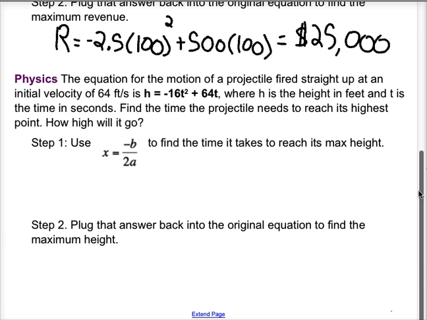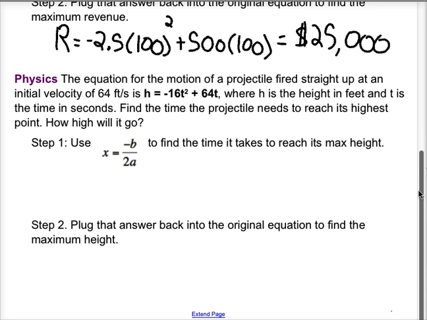So again, we're talking about a maximum height, and this is going to come in two pieces. Now again, for this, don't panic. Your x is going to be represented by a t this time, and instead of y, we're using h. So the first step is we need to find where the maximum occurs.